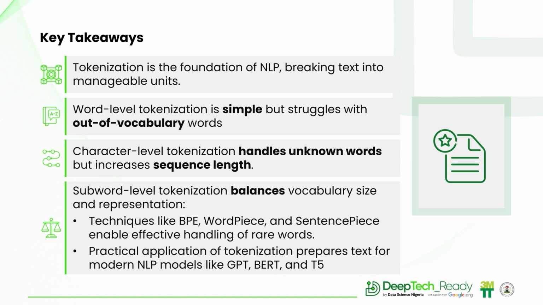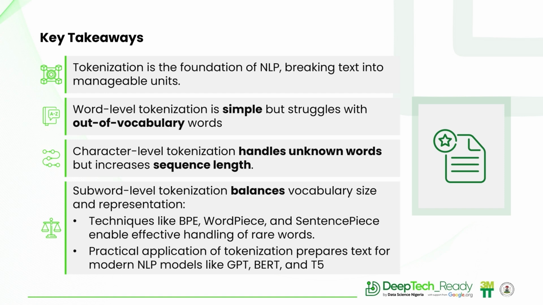We also looked at character level tokenization, which involves breaking text into individual characters, useful for fine-grained analysis. We also looked at subword level tokenization, which is a powerful method to handle unknown or rare words, including byte pair encoding, BPE, WordPiece, and SentencePiece, amongst others.